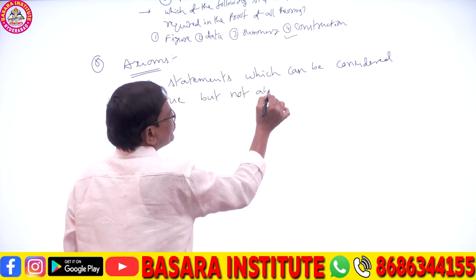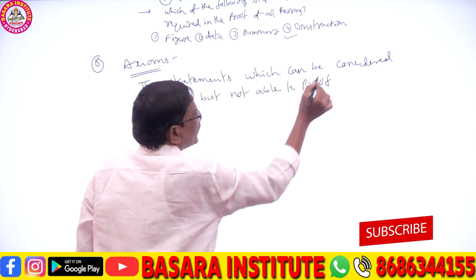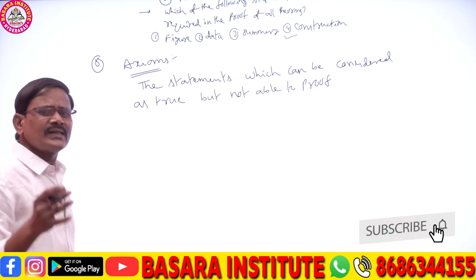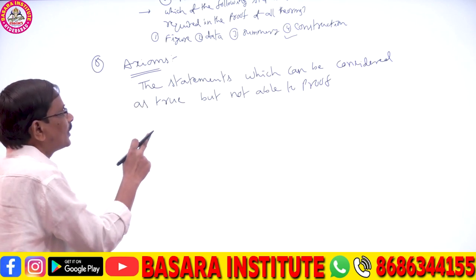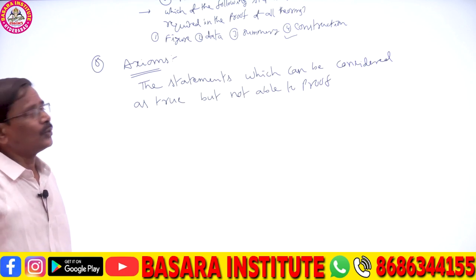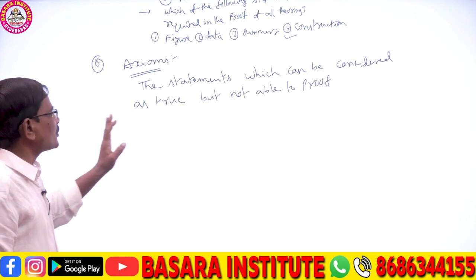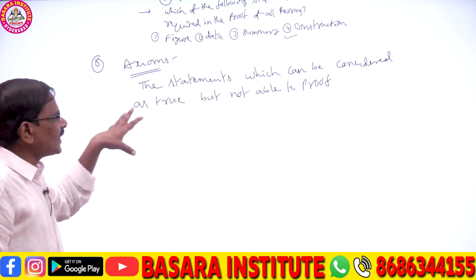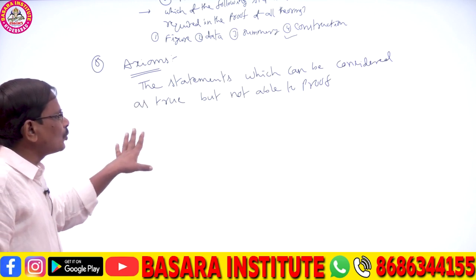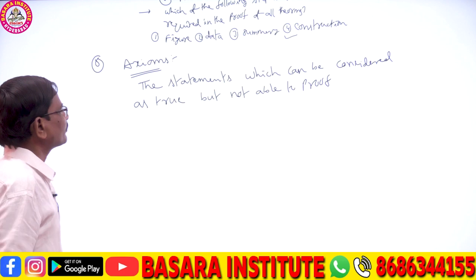Every theorem is able to prove, but an axiom is not able to prove, though it can be treated as true. So the statements considered as true but not able to prove are known as axioms.